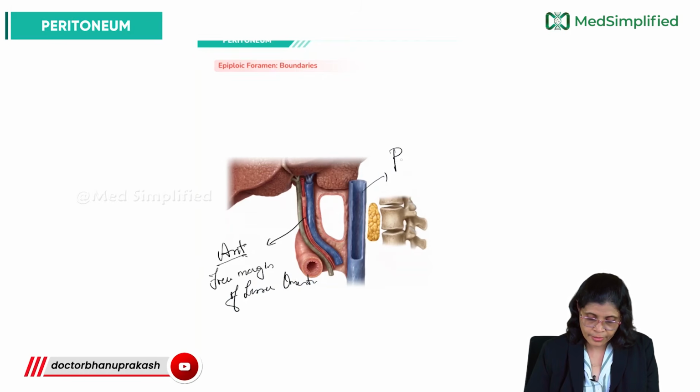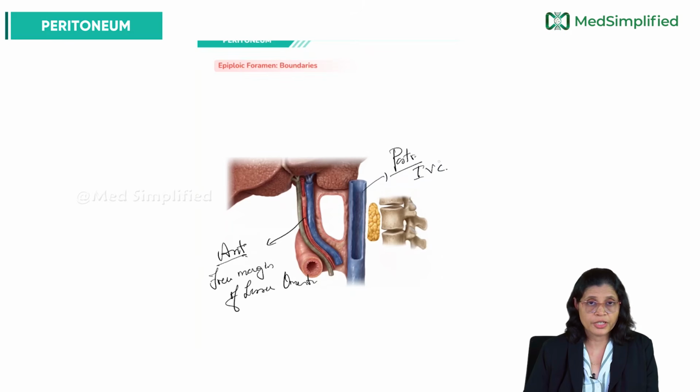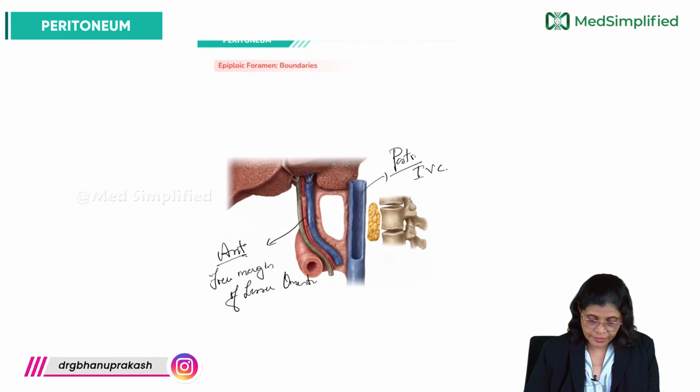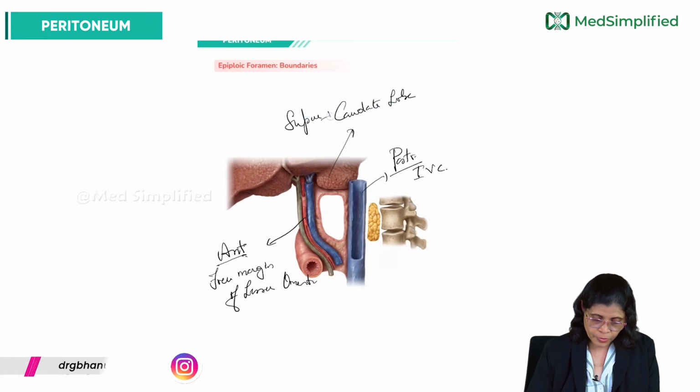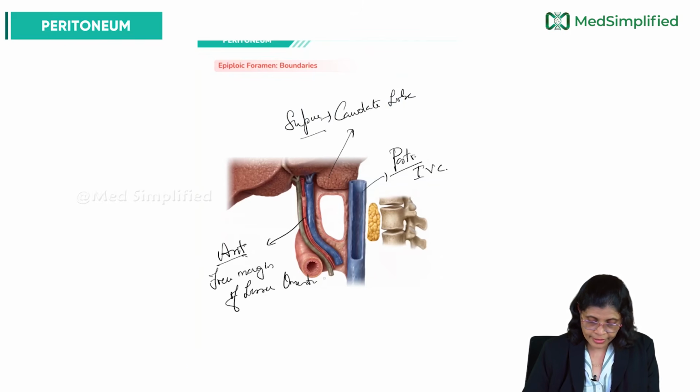Posteriorly, we see the inferior vena cava. Superiorly, we see the caudate lobe of the liver. And inferiorly will be the first part of the duodenum.